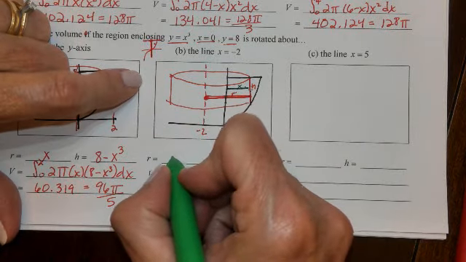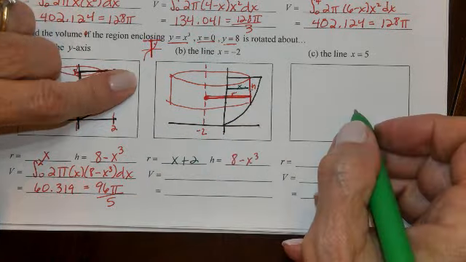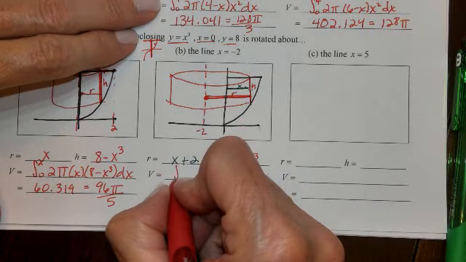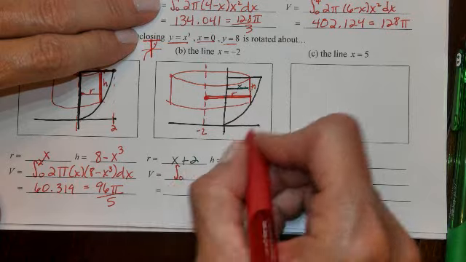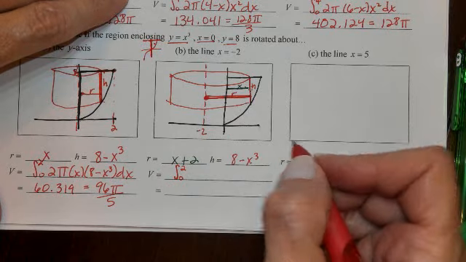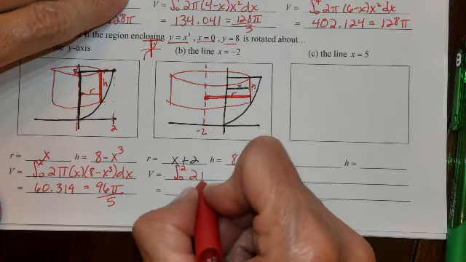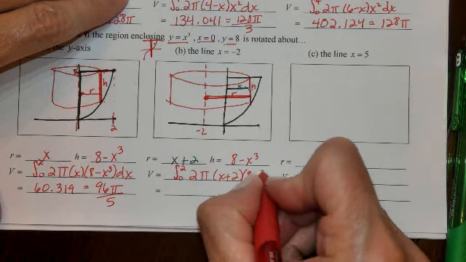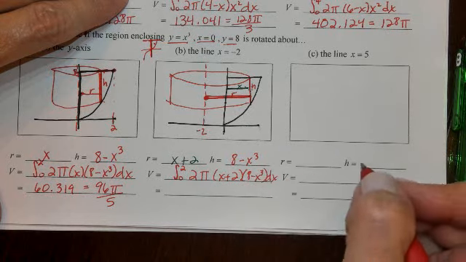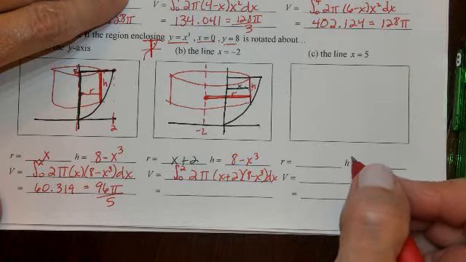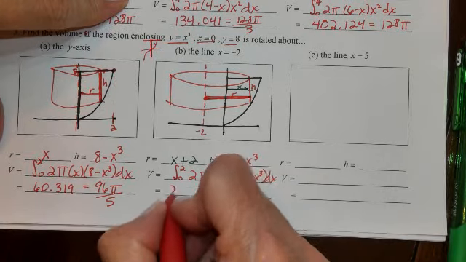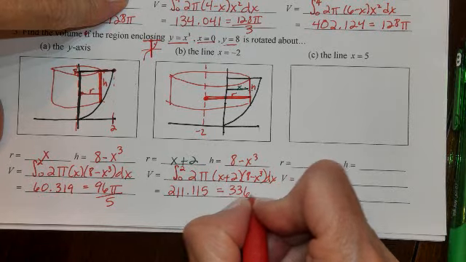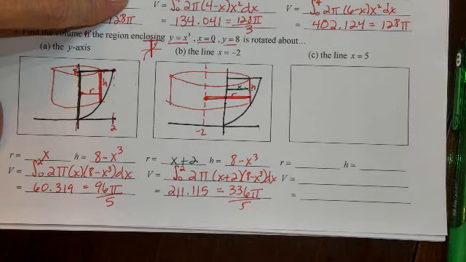So 2 plus x or x plus 2, either one. So our volume will be the integral from 0 to 2 of 2 pi r h dx. That turns out to be 211.115, which is 336 pi over 5.